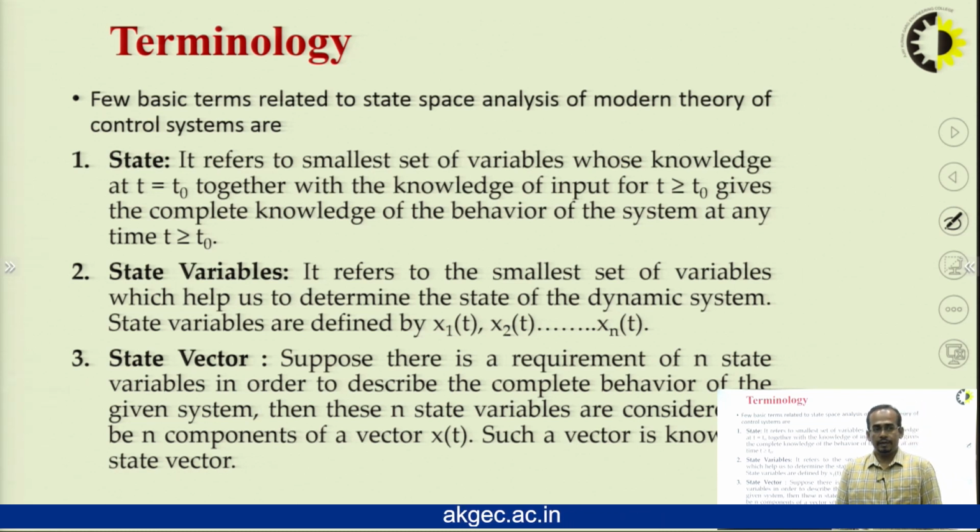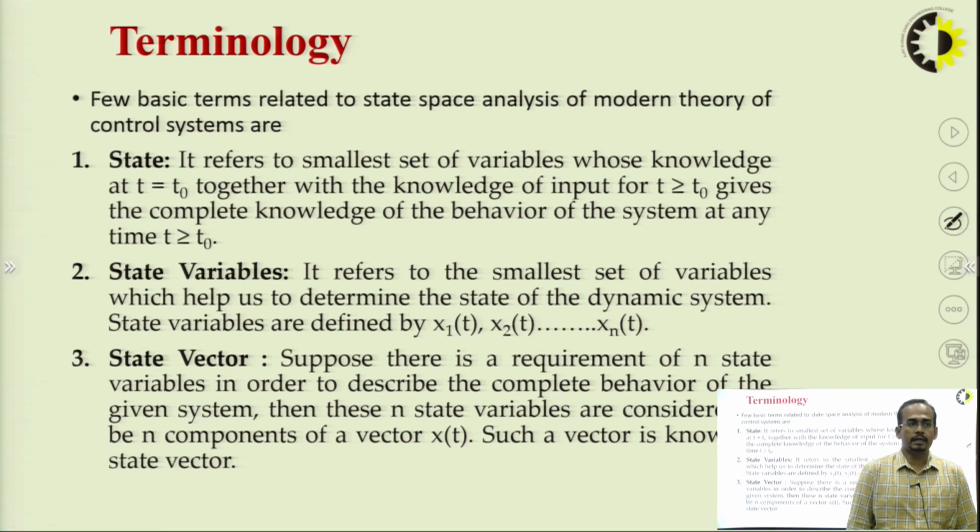So we can define the state as the small set of variables whose knowledge at t equal to t naught, together with the knowledge of input for t greater than t naught, gives the complete knowledge of the behavior of the system. State variables refer to the smallest set of variables which help us to determine the dynamics of the system, and the state variables are defined by x1(t), x2(t), up to xn(t).